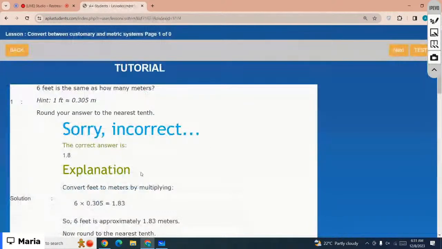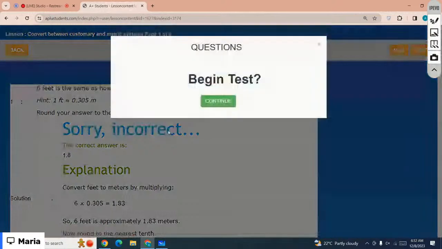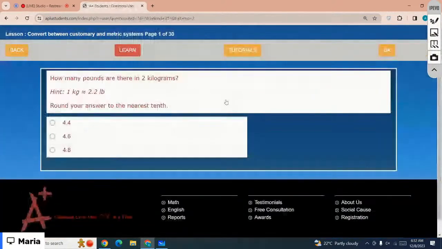Let's just start with the test questions. You are given the hint, you just have to use the hint and solve the questions. Like here, you are given how many pounds are there in 2 kilograms. So 1 kilogram equals 2.2 pounds, right? So 2 kilograms equals 2 times 2.2, right?